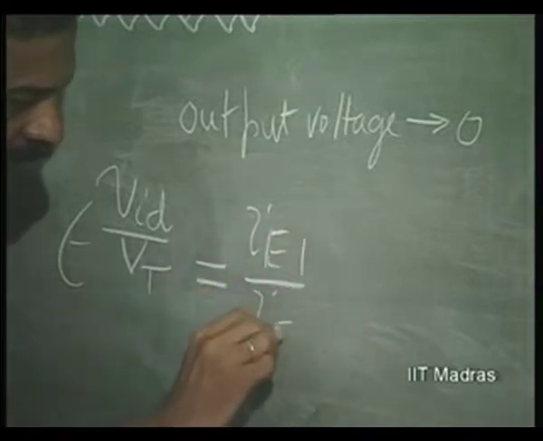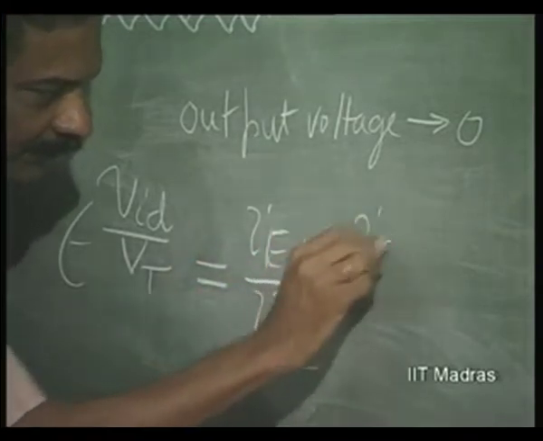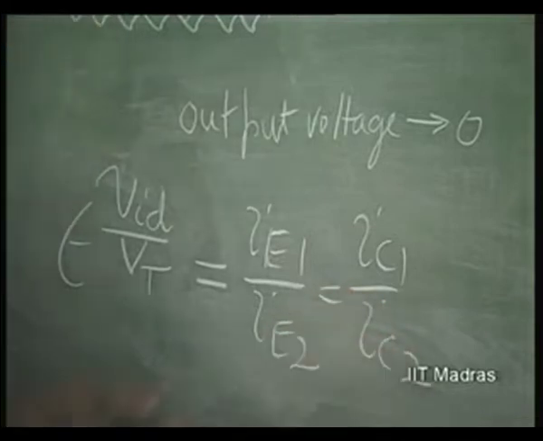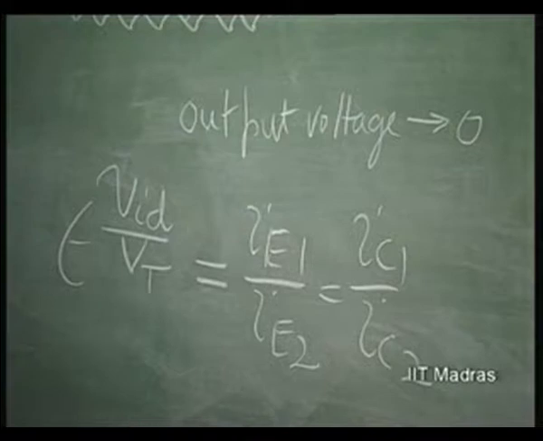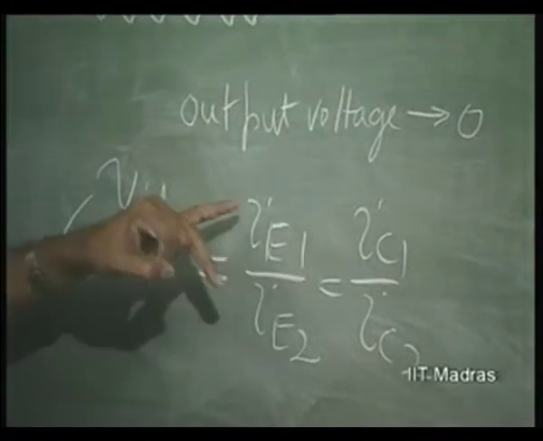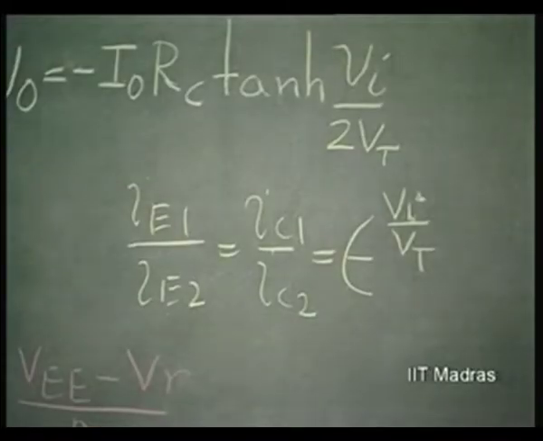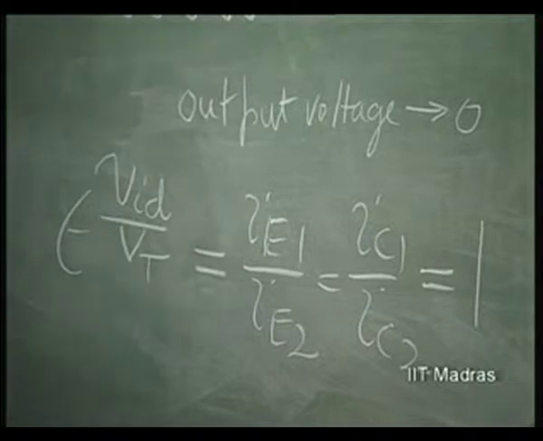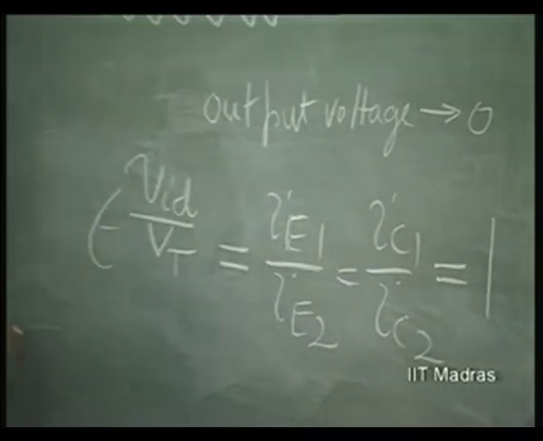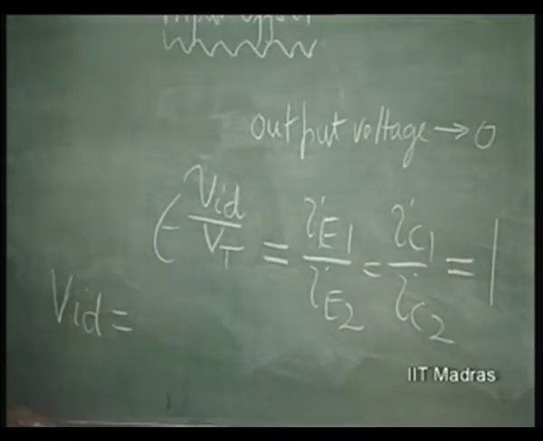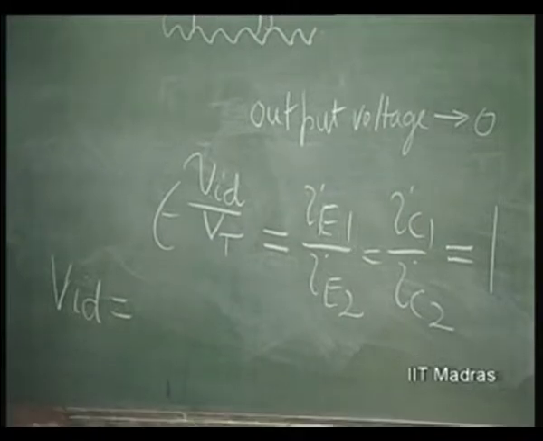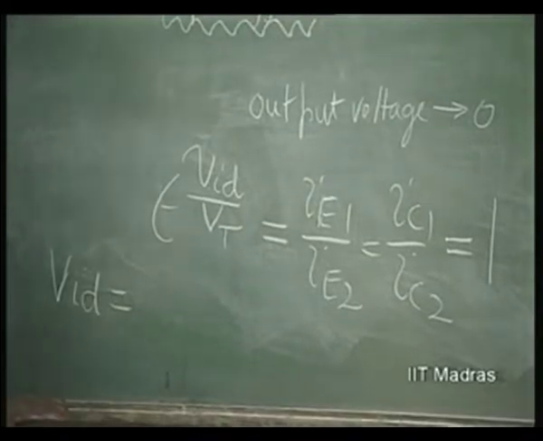IE1 by IE2 equals IC1 by IC2. That is what we have put, right? In order to make the output offset 0, I have to have IE1 equal to IE2, IC1 equal to IC2. That means this should go to 1.